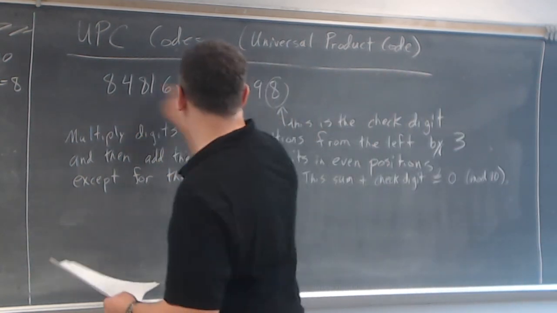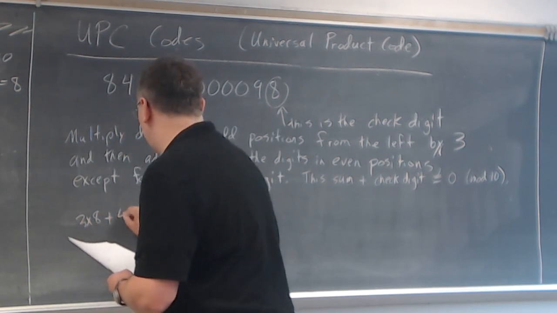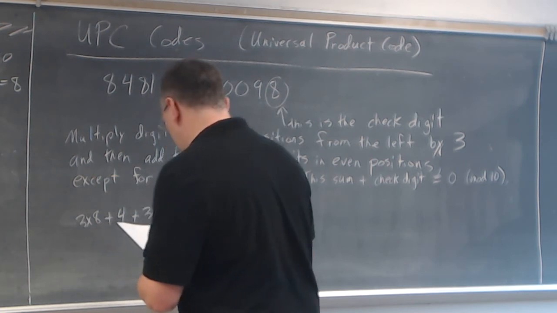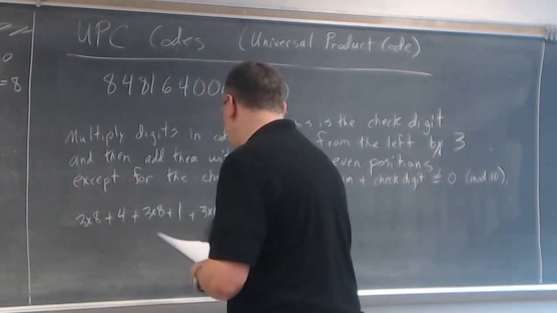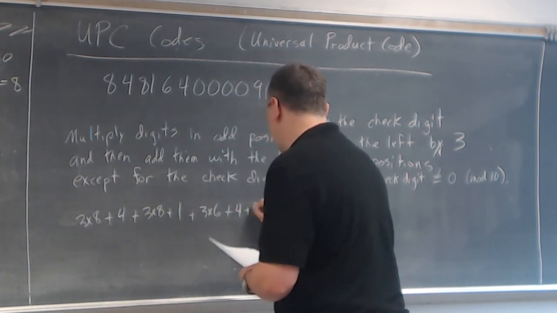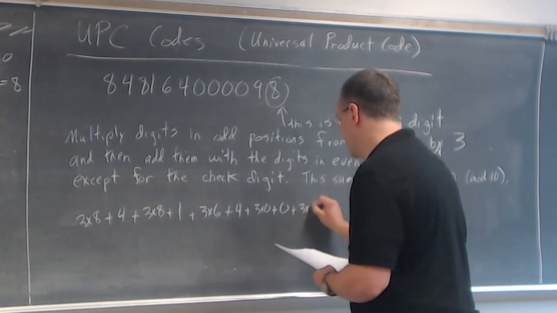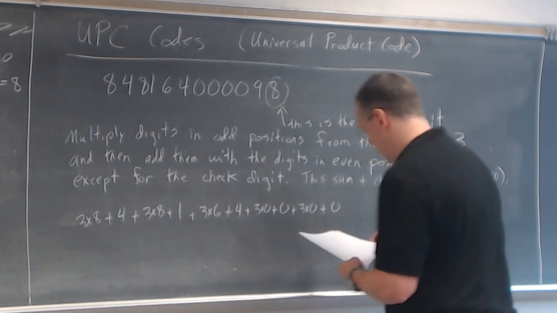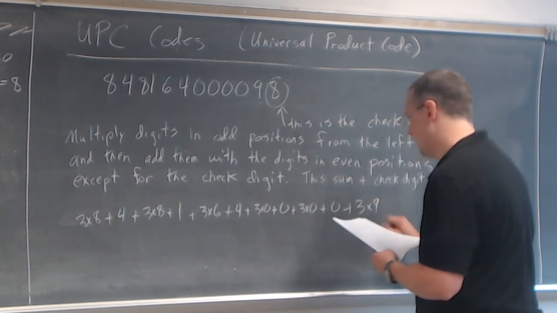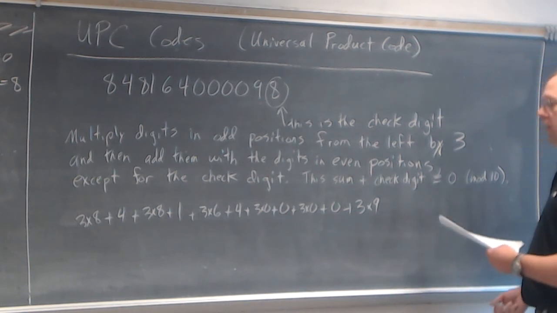So using this, it'd be 3 times 8 plus 4 plus 3 times 8 plus 1 plus 3 times 6 plus 4 plus 3 times 0 plus 0 plus 3 times 0 plus 0 plus 3 times 9.